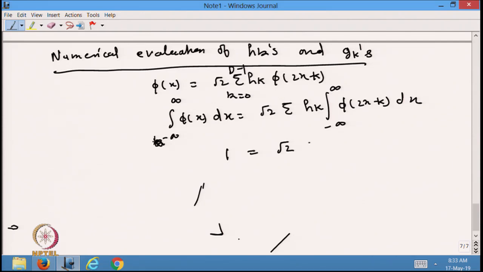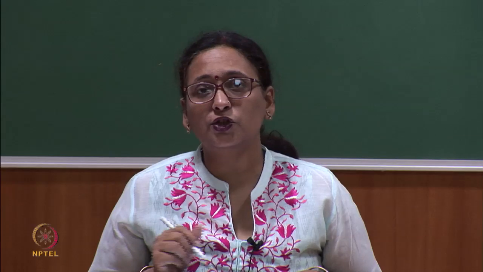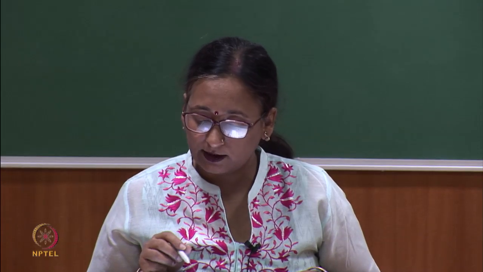So, this is root 2 times the summation of h_k. Now, if I put 2x minus k equal to y, this becomes phi(y) dy by 2. So, the summation of h_k will be root 2. This is the result which I used earlier, and I said I would prove it later.